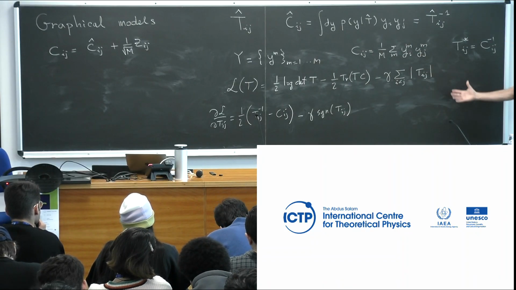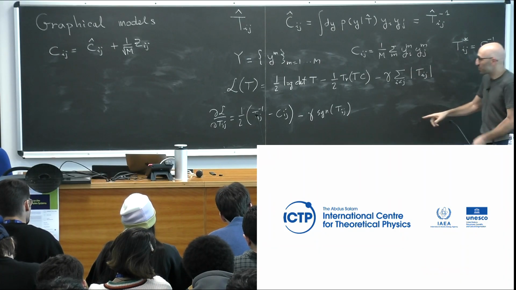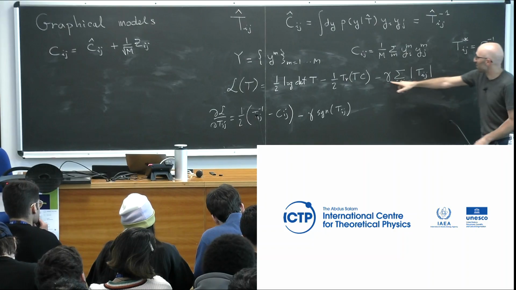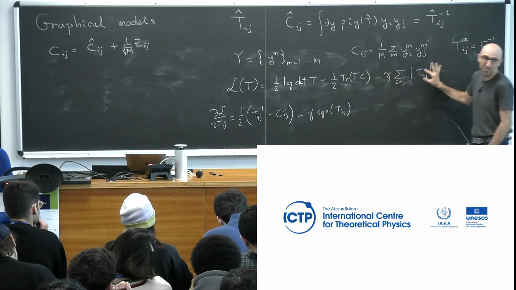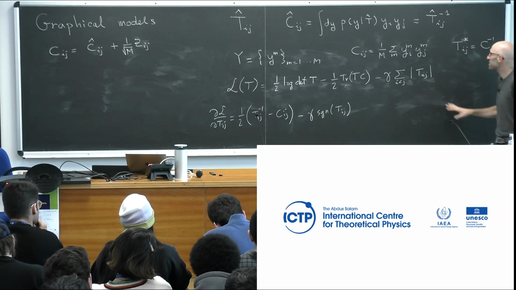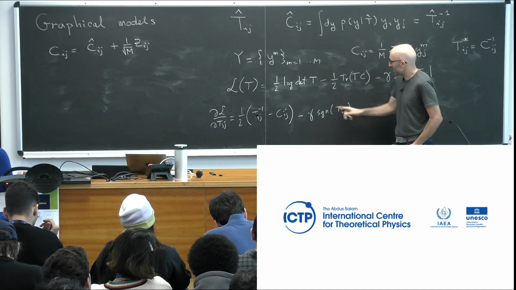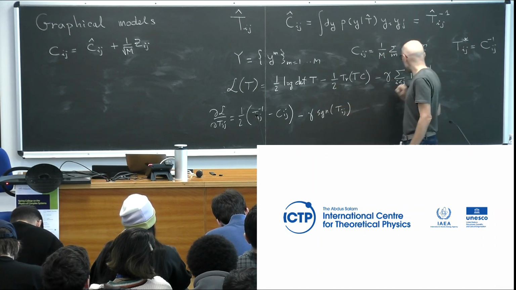This has the good property that it's still concave. It has a discontinuity at T equal to 0, but the likelihood is concave, and you add a concave term, so it still has a unique maximum, and it gives you this penalty when T is non-zero.